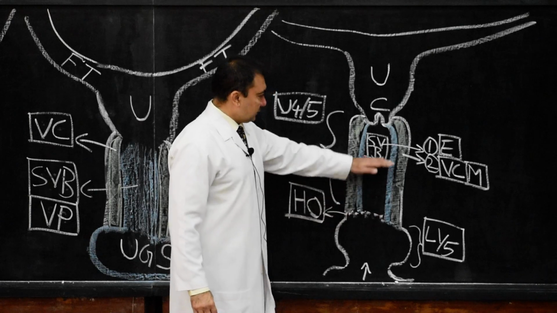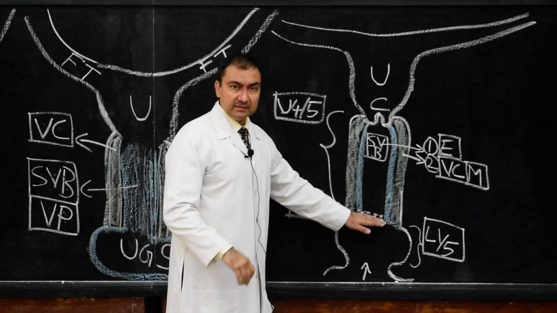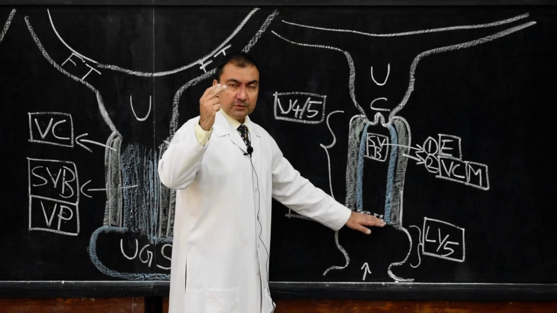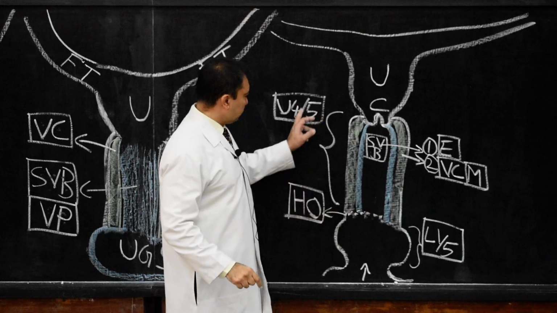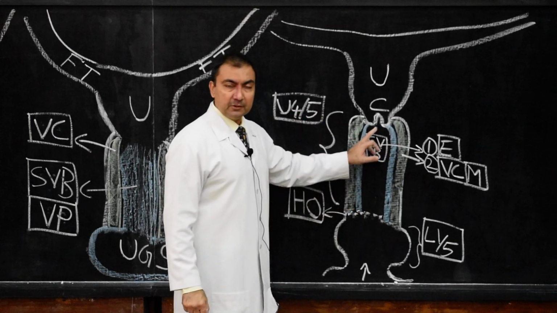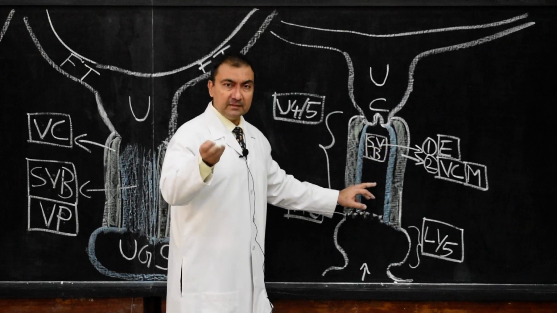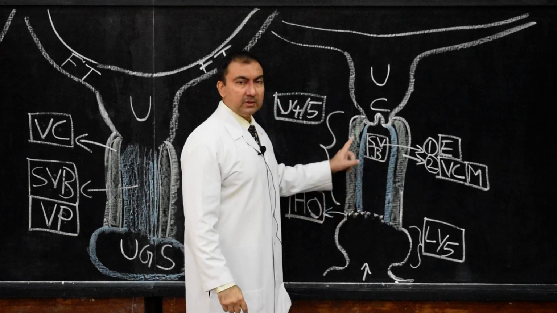So the upper 4/5 of the vagina above the hymenal orifice, that is above the Mullerian eminence, will develop from two different germ layers. The mucosal lining will develop from the cells of the sinovaginal bulb, which are canalized. These sinovaginal bulbs are developed from the urogenital sinus, so they are endodermal.